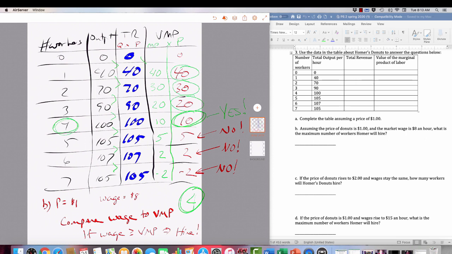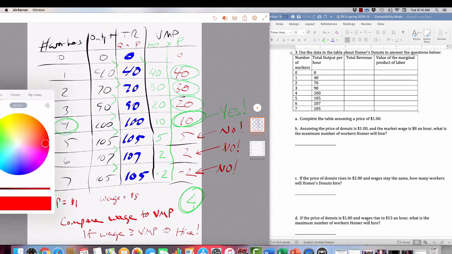So what happens if the price of donuts rises to $2? Well, if the price rises to $2, that changes the value of the marginal product. Let's see if we can do this in a way that is not so messy that we can't see what's going on. Let's do this in kind of this purple color.